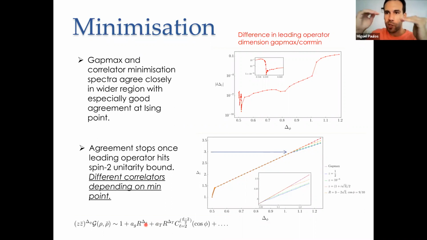You want to push up the gap, but you don't know exactly how much you push one or the other. So our heuristic approximation in this case looks like this. There are two competing operators where delta G is approximately delta T. Depending on the precise choice of angle and R, you get a different answer and a different correlator. So in this region, you really get families of CFTs.